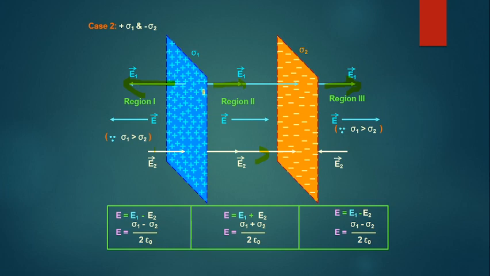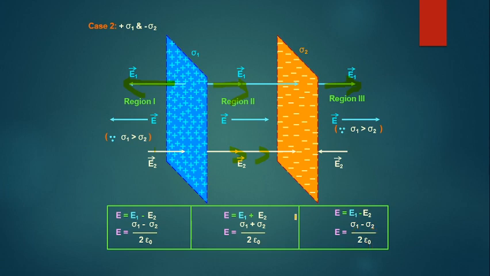In the second region, E1 and E2 are in the same direction, so they get added. The net field E is sigma 1 plus sigma 2 divided by 2 epsilon naught. In the third region, E1 and E2 are in opposite directions, so the net electric field is E1 minus E2, sigma 1 minus sigma 2 divided by 2 epsilon naught.